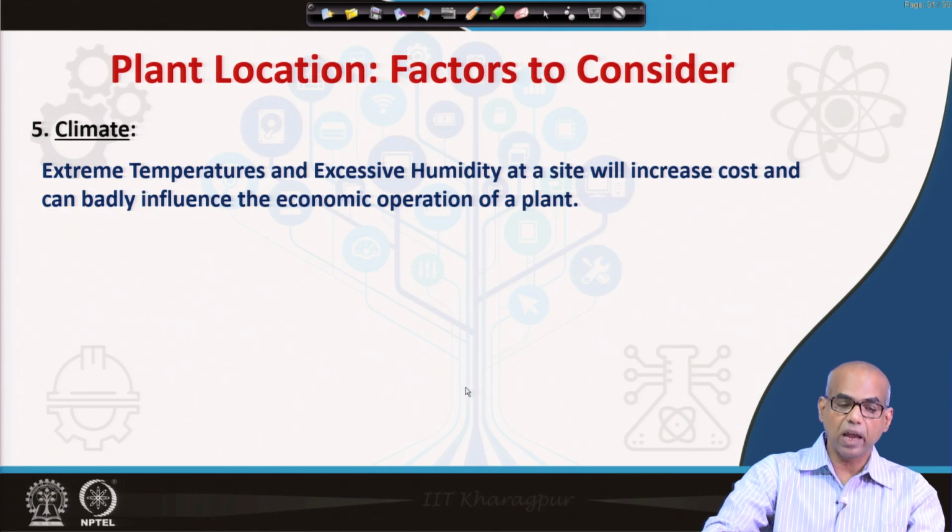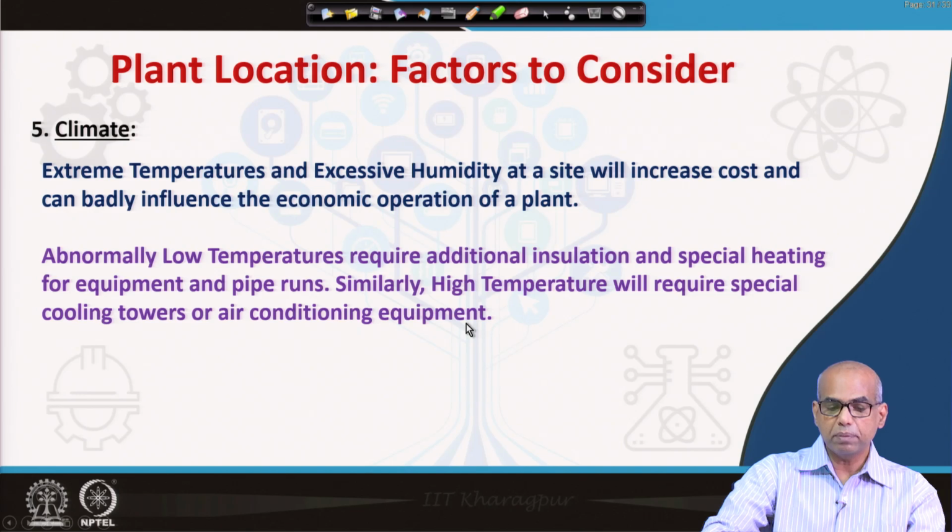Next, let us talk about climate. Climate is another factor which must be considered for plant location. Extreme temperatures and excessive humidity at a site will increase cost and can badly influence the economic operation of a plant. Abnormally low temperatures require additional insulation and special heating for equipment and pipe runs.